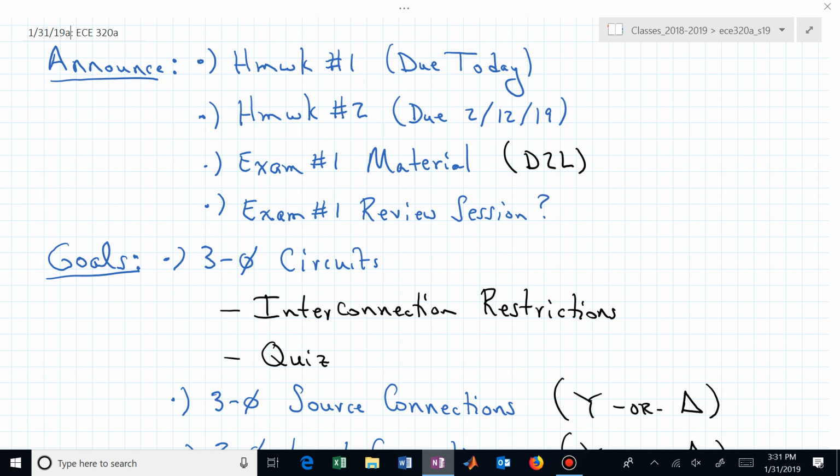I don't think this room is being occupied after we finish, so I'll see if I can verify that or gain access to this room, and if I don't, then we'll figure out where we can hold that review session.